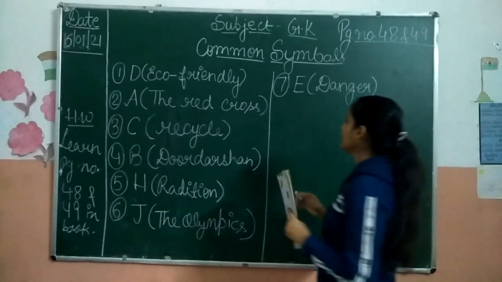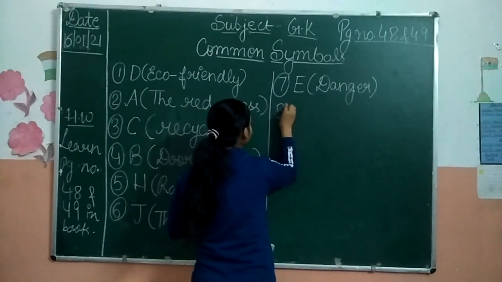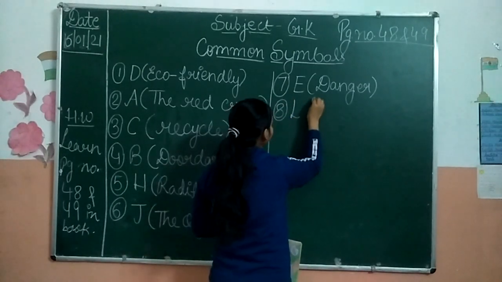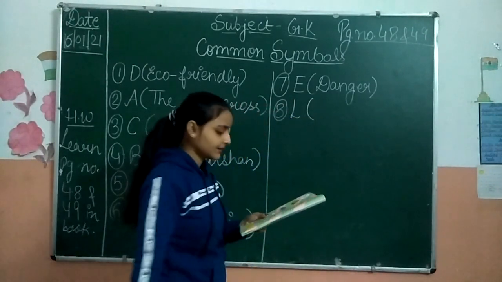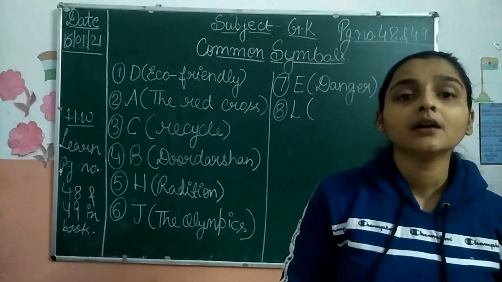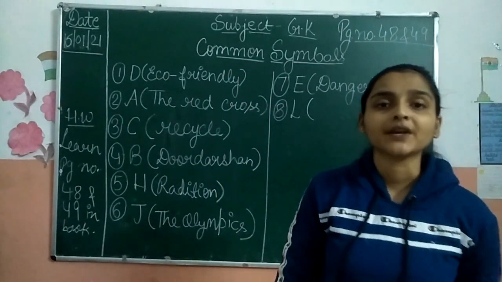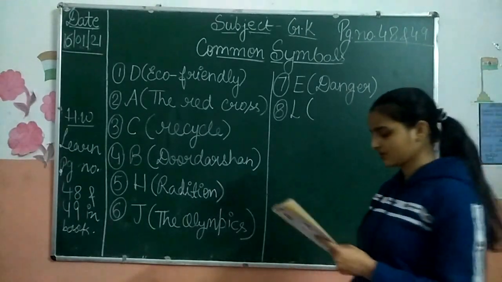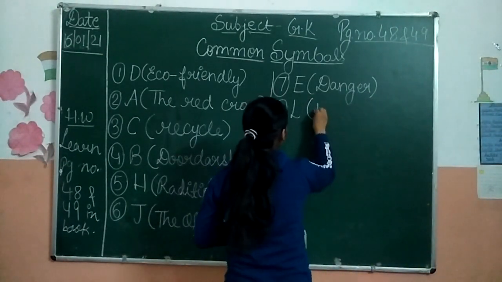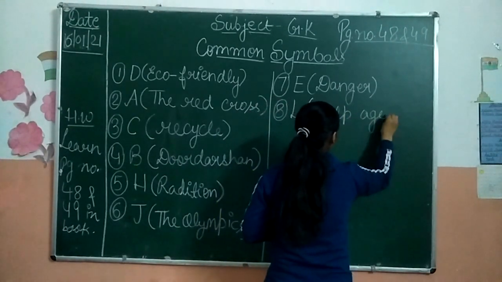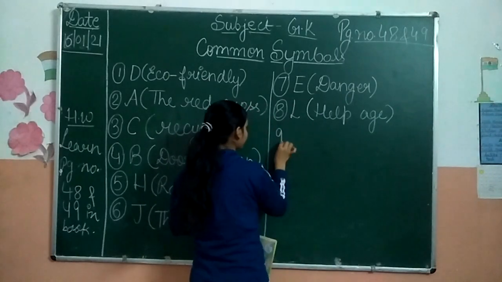Now come to 8th number. L. In this picture, look, there are black color shadows of a woman. Okay, this shows the health age. Write down health age. Okay.